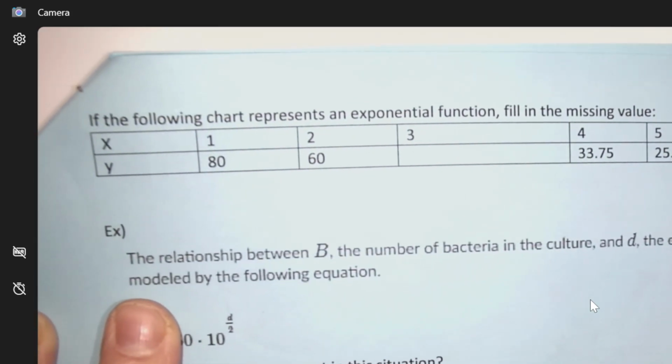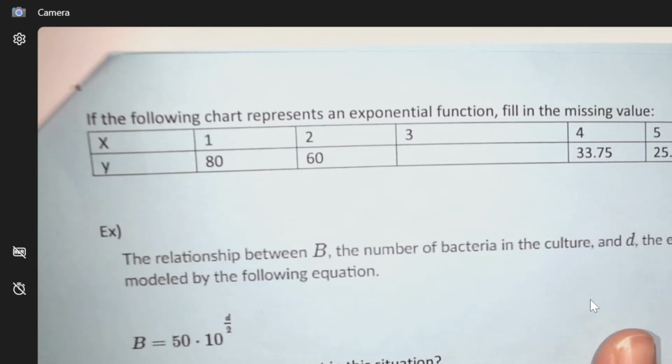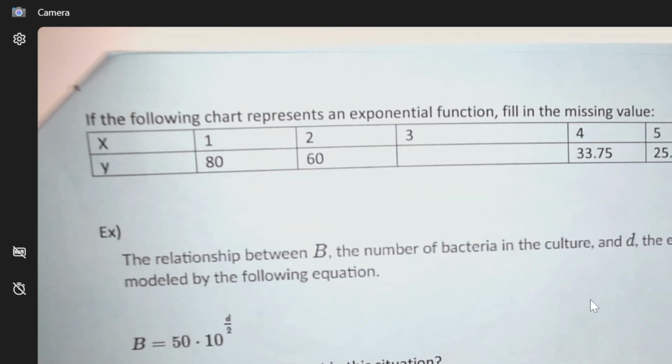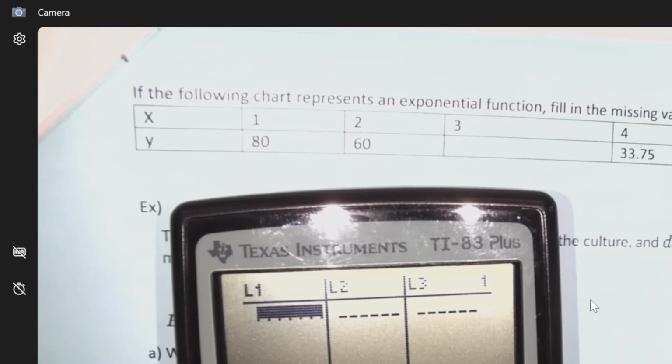Okay, figure out the missing value. So I'm going to show you 2 things you could do. So the first thing you could do is you could go to Stat Edit. And then go 1, 2, 4, and 5.